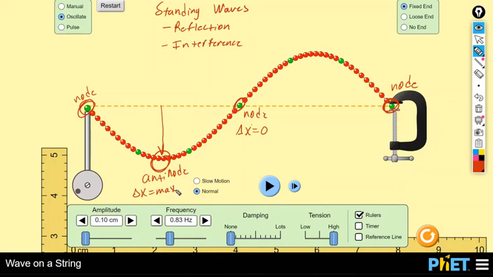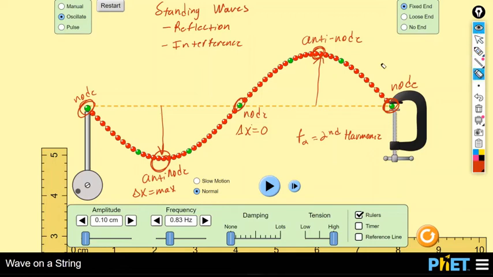So this is also where you would measure the amplitude of the standing wave. And then we have another antinode right here. And you can say we have 2 antinodes. That is because this frequency is F2. This is called the second harmonic. And the standing wave has 2 antinodes for the second harmonic.